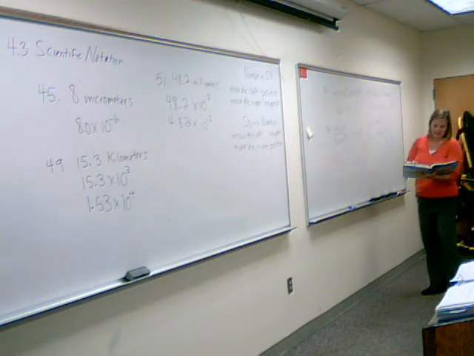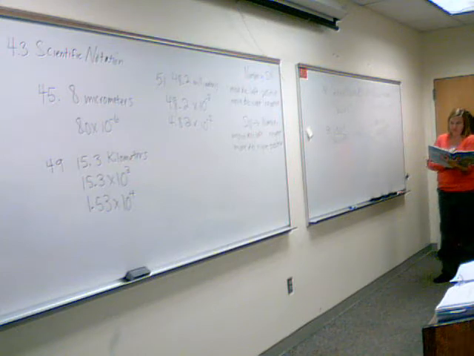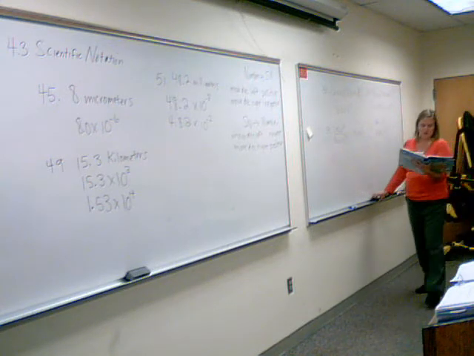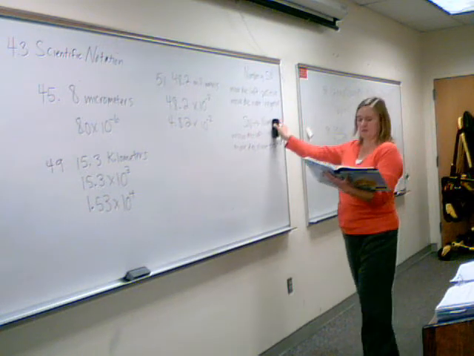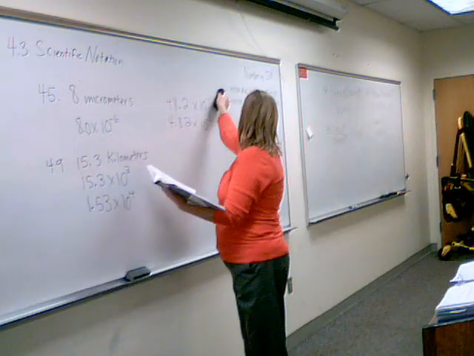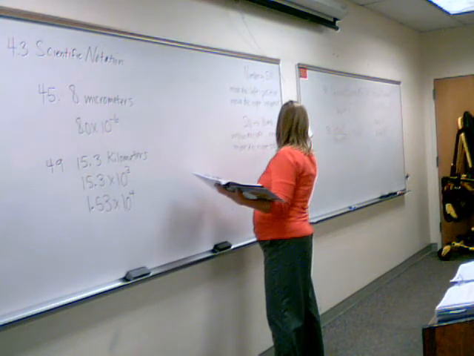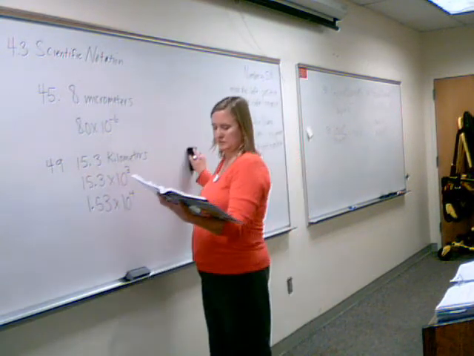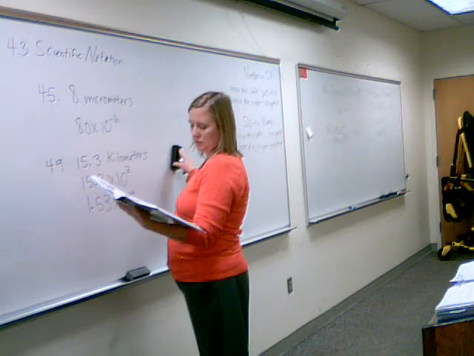Number 79. Two more. I'm trying to find you a subtraction one off of it. 79 says, if a computer can do a calculation in 0.00002 seconds, how long would it take the computer to do 8 trillion calculations?